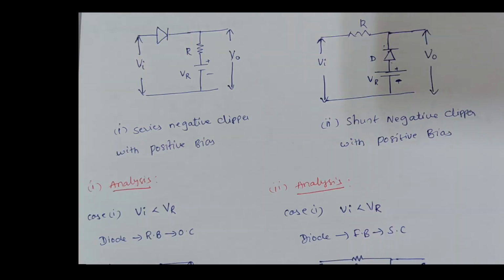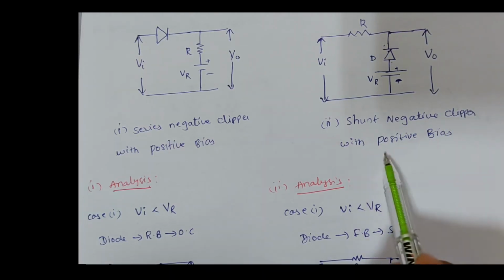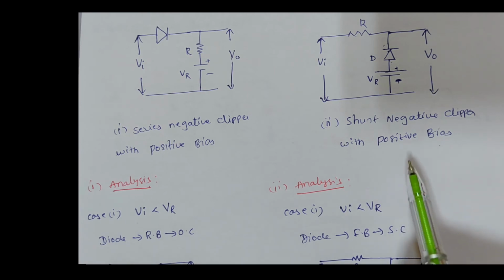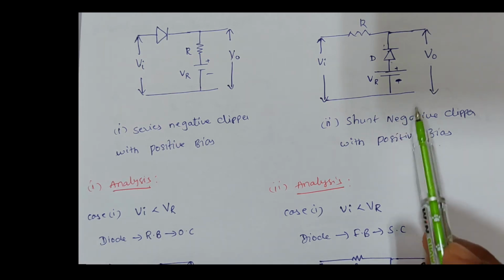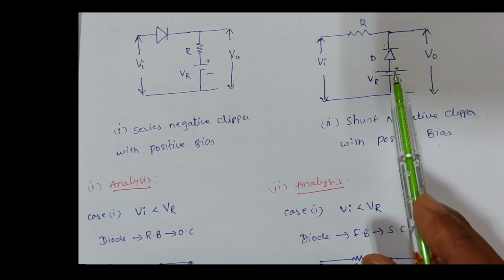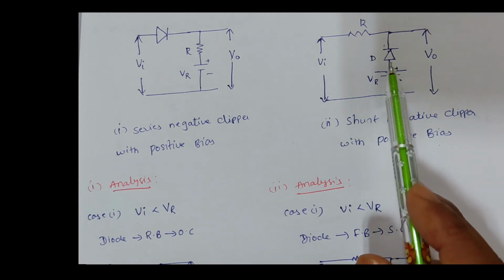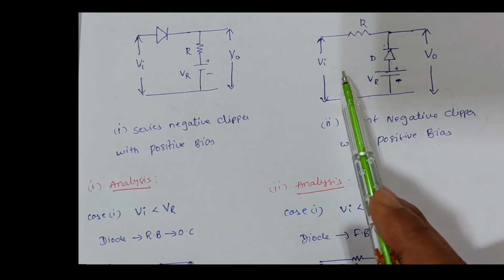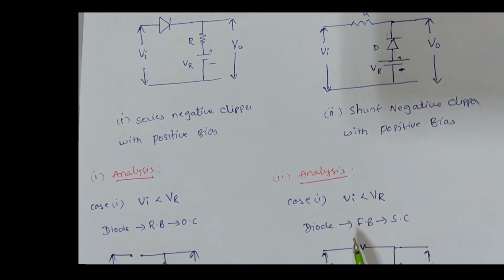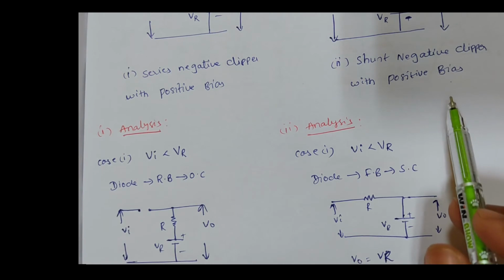Next, we will discuss the shunt negative clipper with positive bias. In this we are applying the positive bias to the diode anode terminal. Cathode is connected to the input voltage. So this is the analysis of the shunt negative clipper with positive bias.